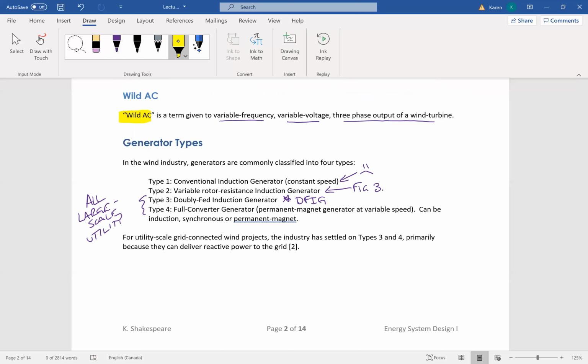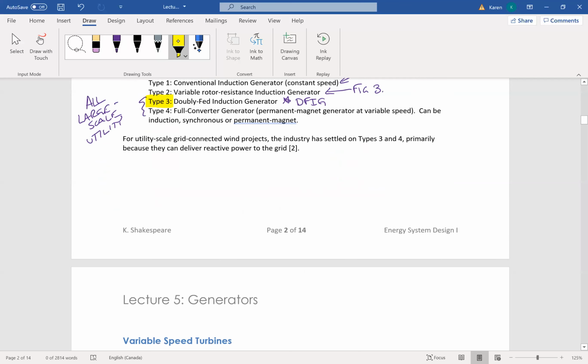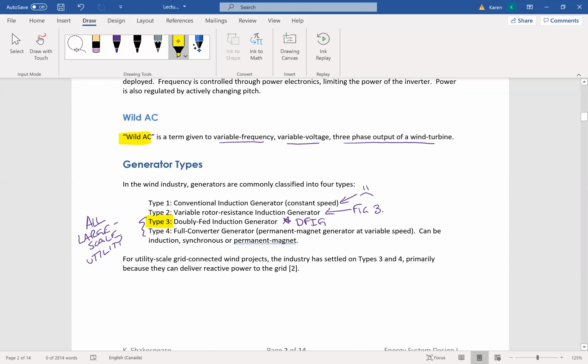This is our type 3 doubly fed induction generator. So we will go into the details of the operation of variable speed wind turbines, because it really is a moot point about any constant speed wind turbines.